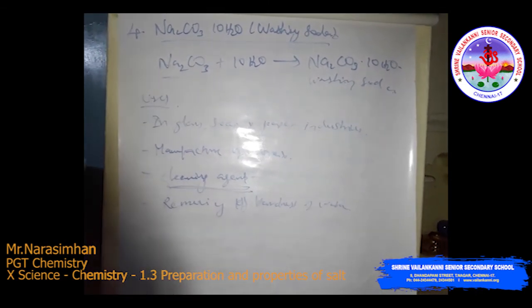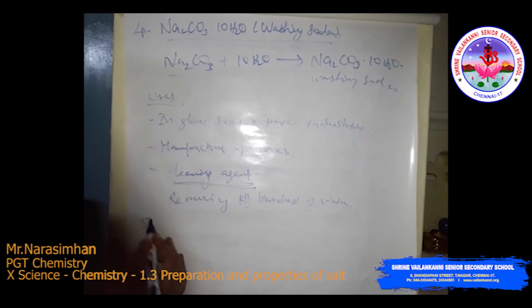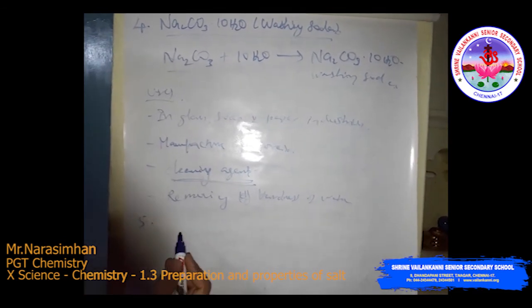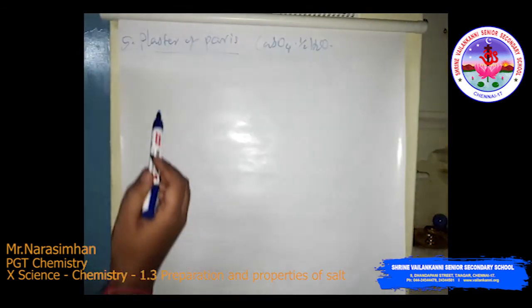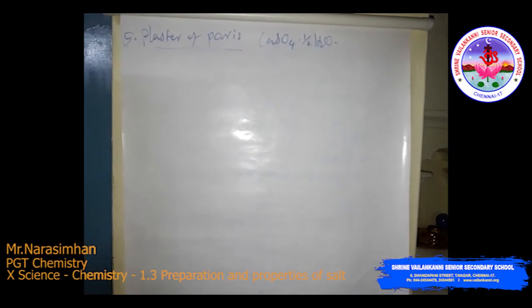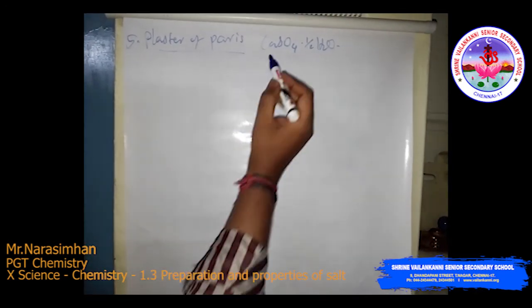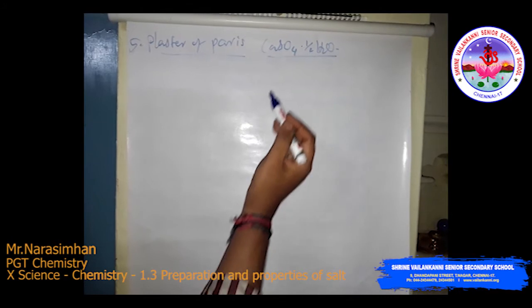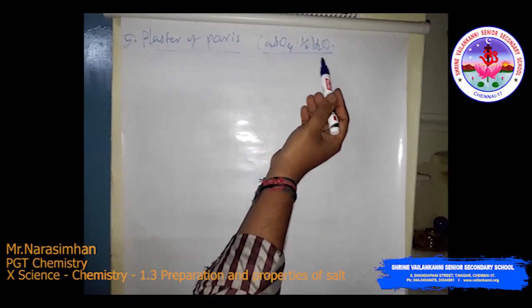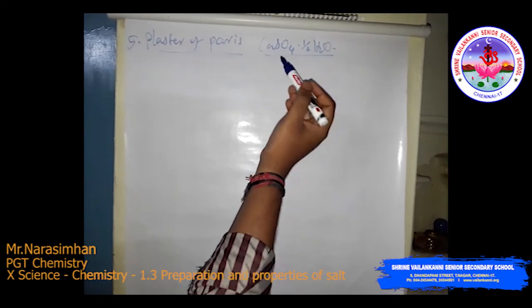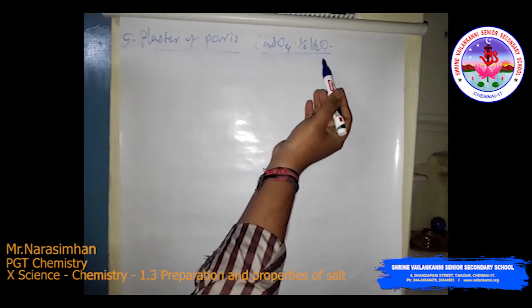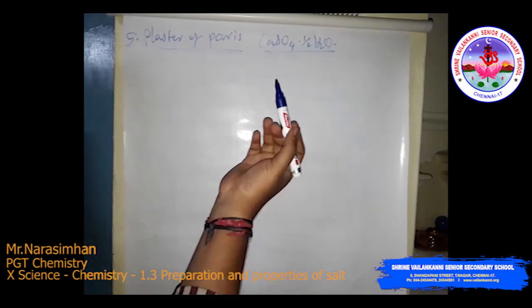Then the fifth one is plaster of Paris, CaSO4 with half a molecule of water, that is calcium sulfate hemihydrate.